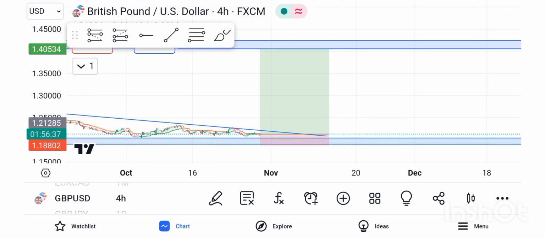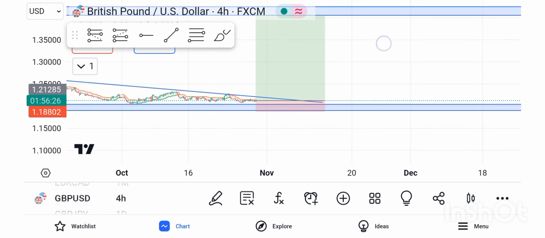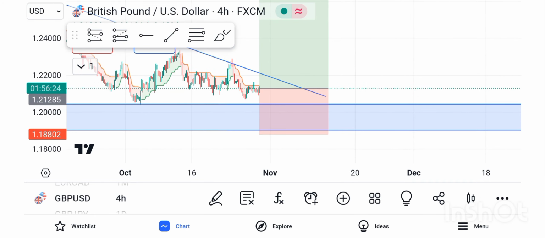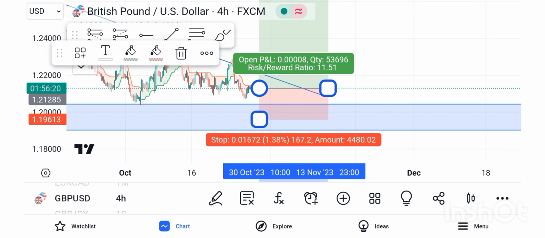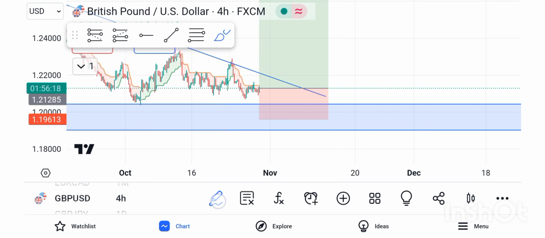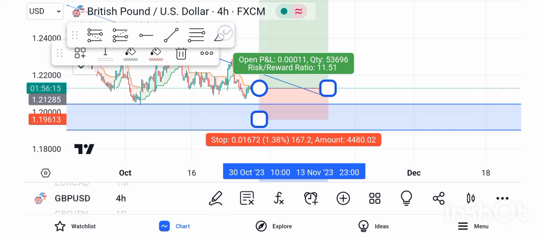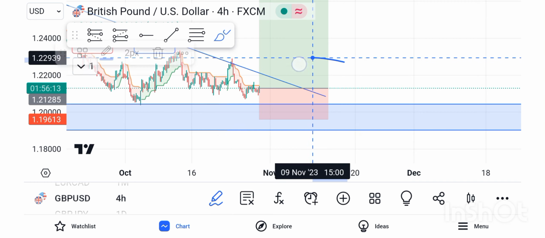So if you risked $1,000 on this trade, you're potentially going to make $7,000. You get it? Now let's imagine the stop loss is even tighter. It gives you a whopping 11 reward to risk ratio.